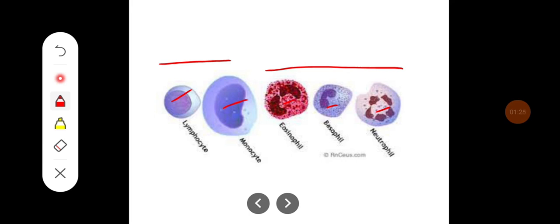They have a multilobed nucleus and they have both acidophilic and basophilic granules, whereas the basophil has a bilobed structure. They have coarse basophilic granules, whereas eosinophils have a bilobed nucleus with coarse brick red granules in them, whereas monocytes and lymphocytes are agranulocytes.